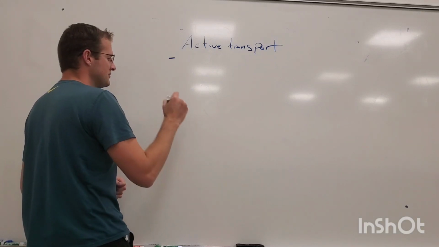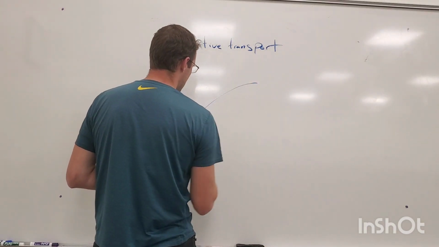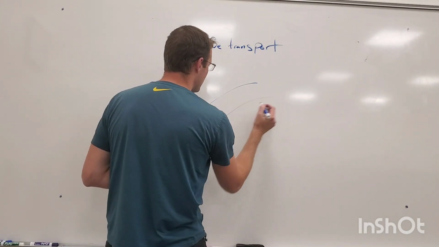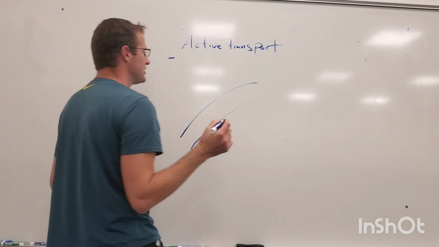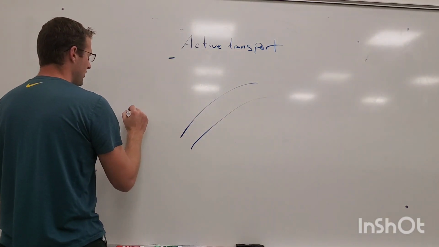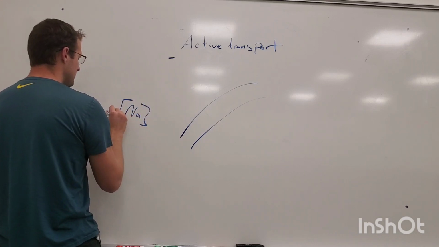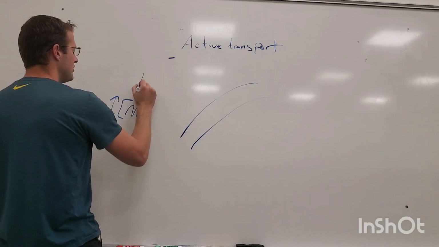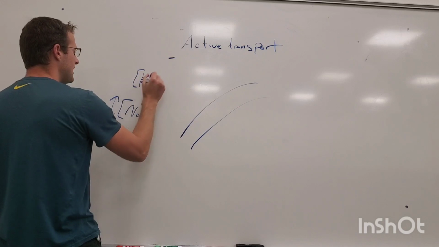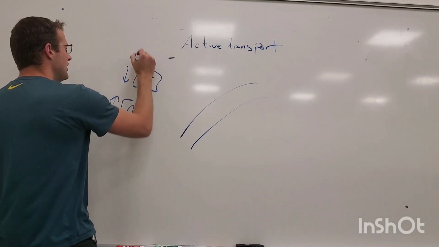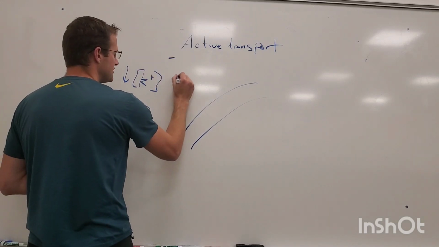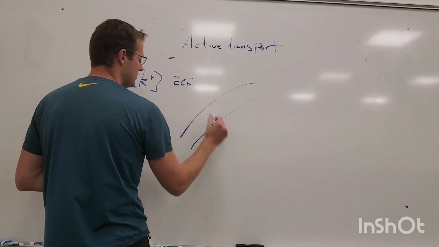So active transport, and we'll talk about an important one. Normally with our concentration gradient, we have a high concentration of sodium on the outside of the cell and a low concentration of potassium. So potassium is low in the extracellular fluid.